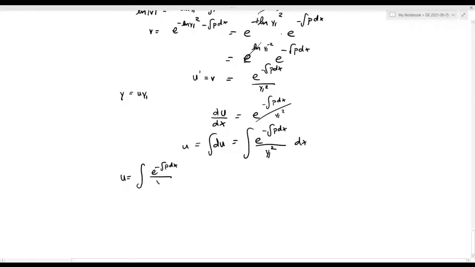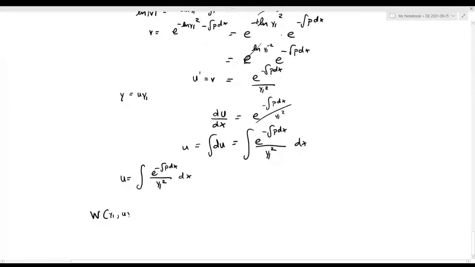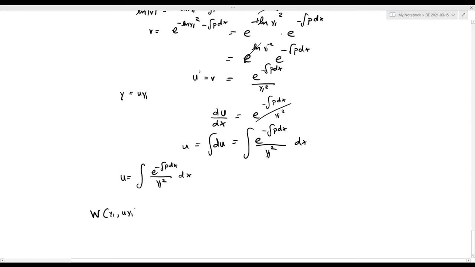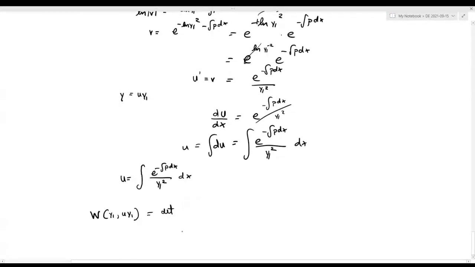Now, I haven't proven that it's linearly independent, but you can use the Wronskian for that. So we're going to have the Wronskian of y1 and the second solution that we're claiming is independent, which is u times y1. So we compute the determinant.